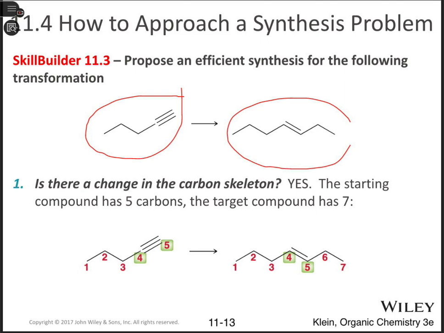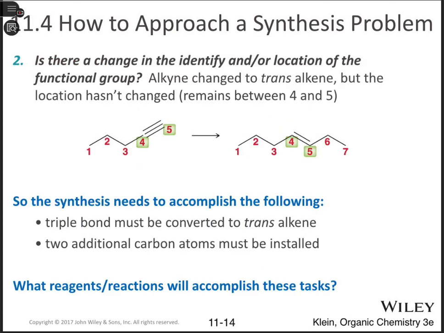The second question is, did the functional group change? Yeah, we went from an alkyne to an alkene. I'll show you what the author has, because I would like to do my own. So in this case, we did change the skeleton, but we also changed the functional groups.